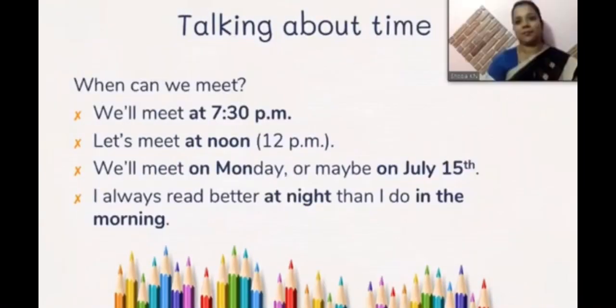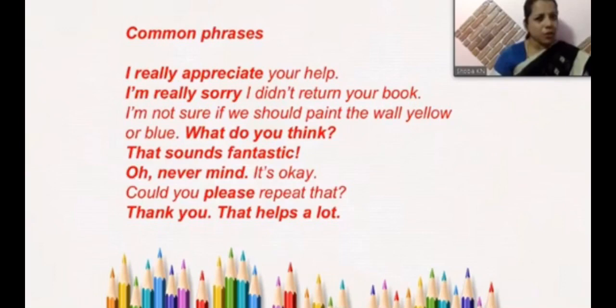When we are talking about time, when can we meet? Answers for this question are: we'll meet at 7:30 pm, let's meet at noon, we'll meet on Monday, or we'll meet maybe on July 15th, or I always read better at night than I do in the morning.